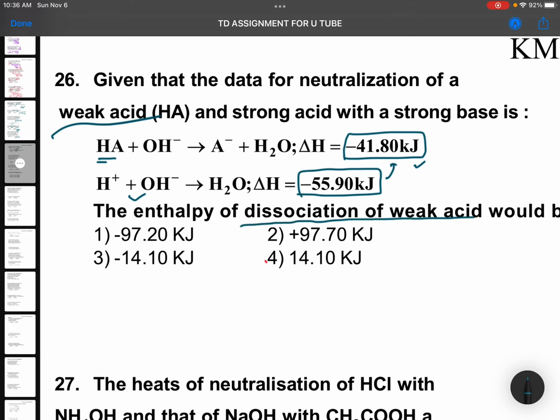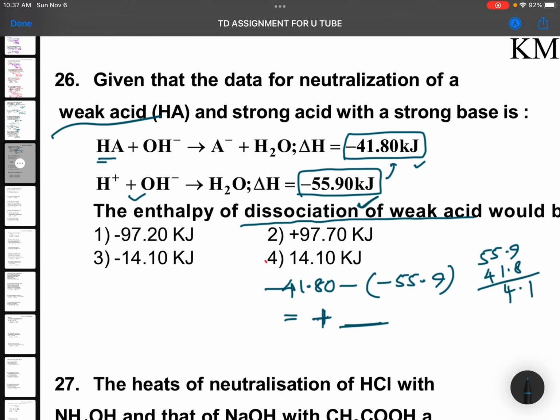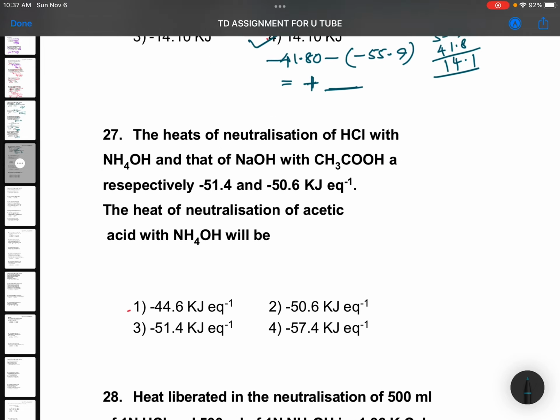To get the exact sign, take the energy that you got minus your expected energy. This is always positive. Dissociation is always positive, endothermic. So in order to get the positive sign, we made it like this. So 55.9 minus 41.8, this is 14.1 kJ, sorry.